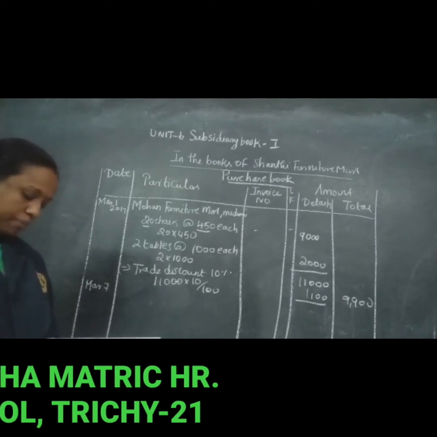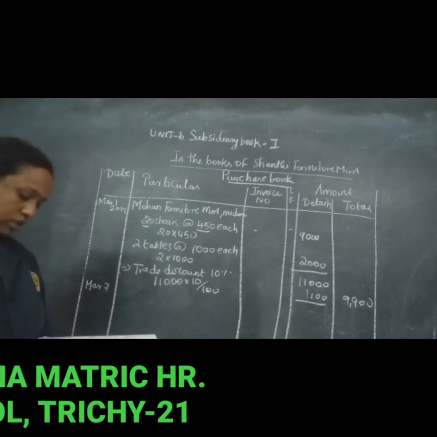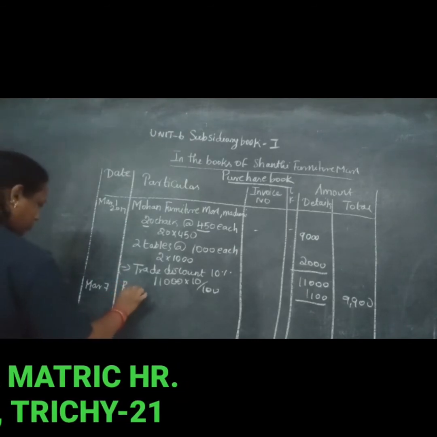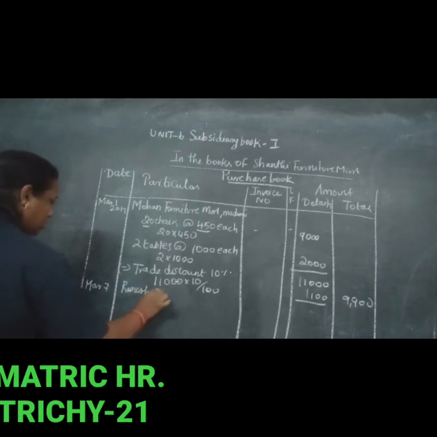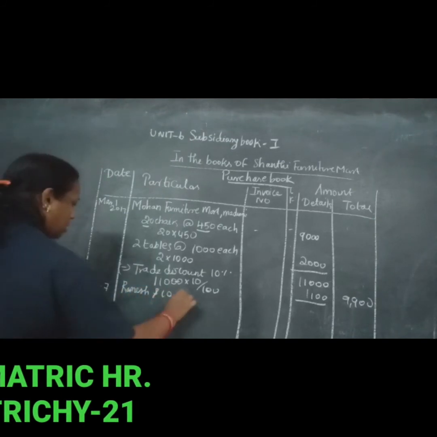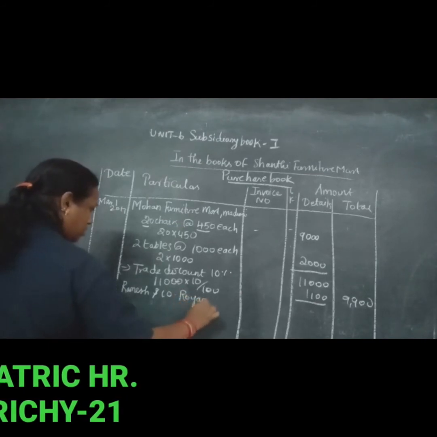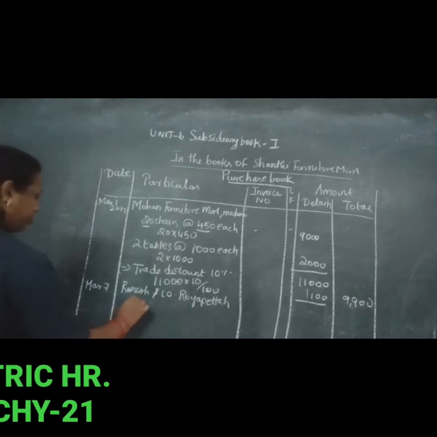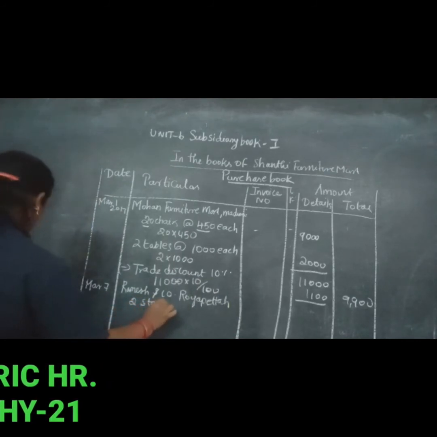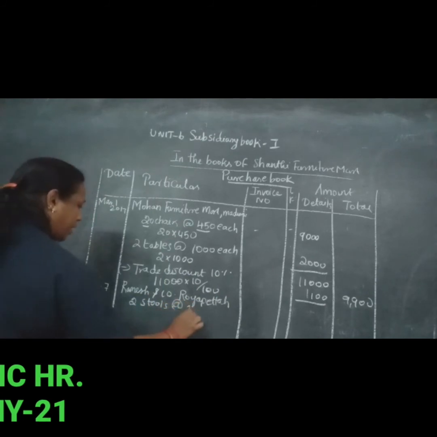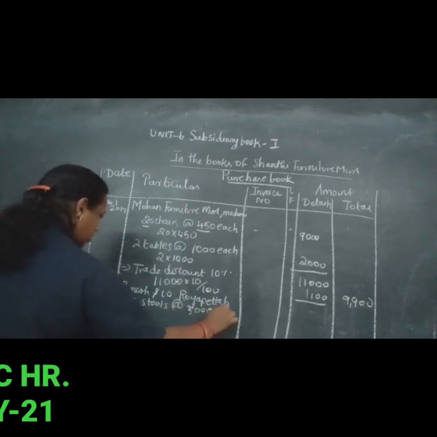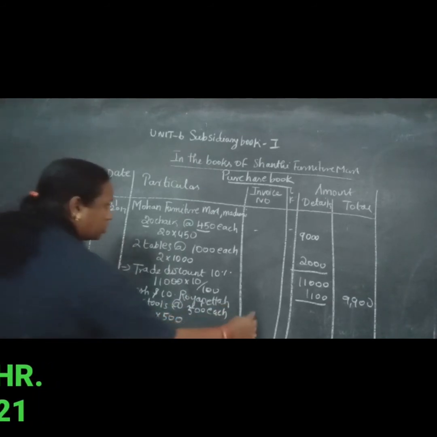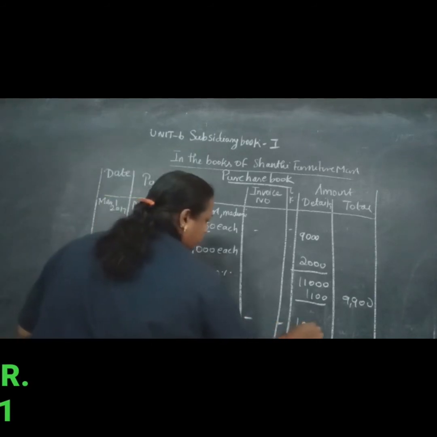Bought from Ramesh and Company, Rayapeta, 2 stools at the rate of 500 each. So 2 into 500 rupees, 1,000.